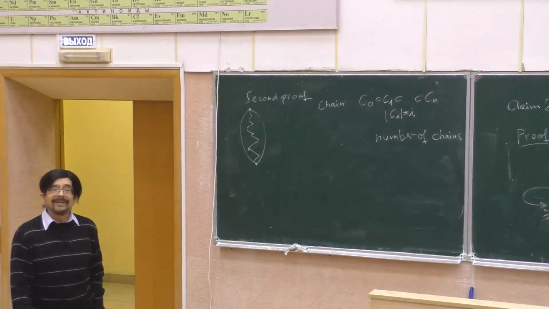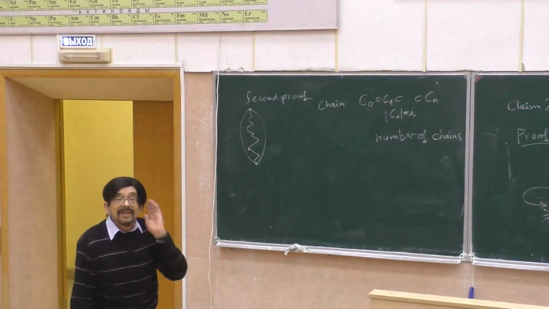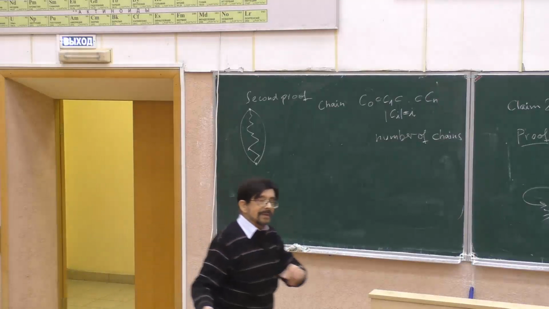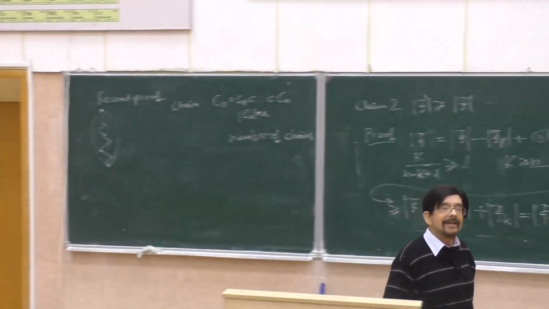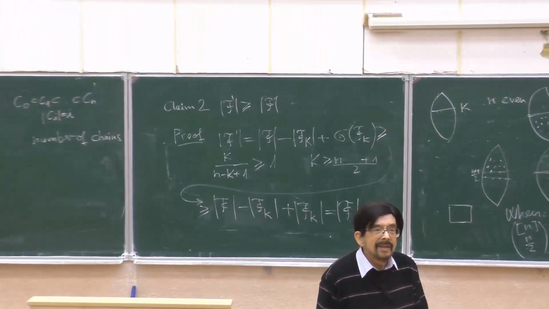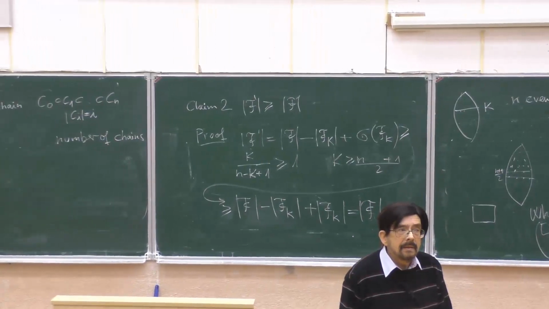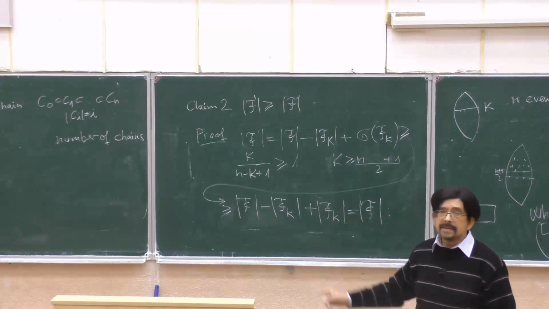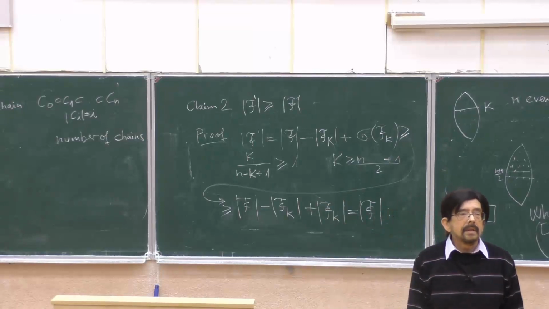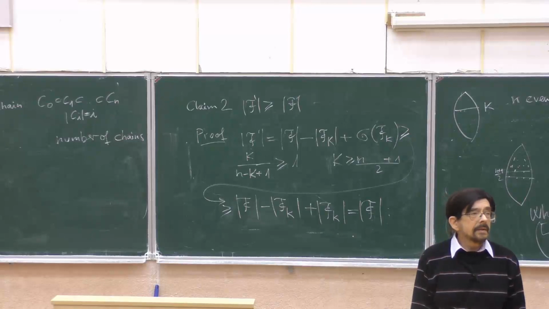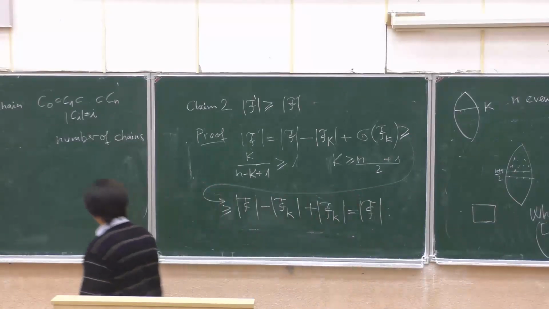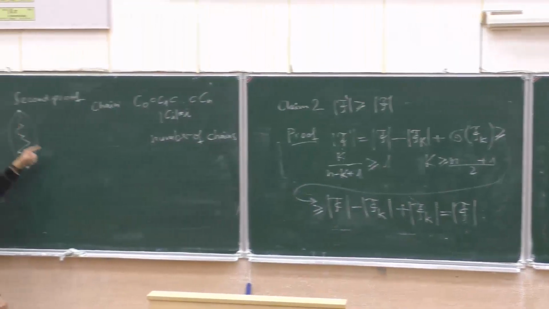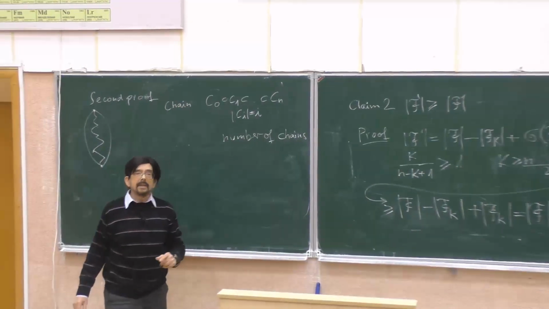You know? Tell me. Louder, louder. Do you want to count the number of anti-chains? No. Number of chains. No, it's different. So how to count these things or these things?